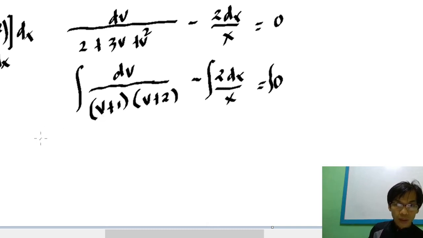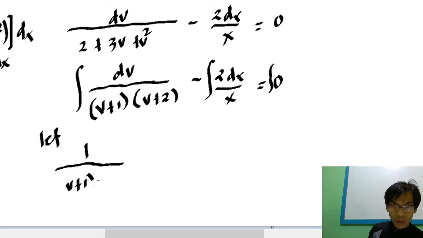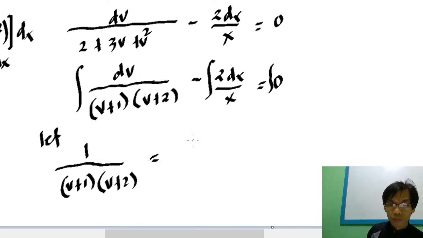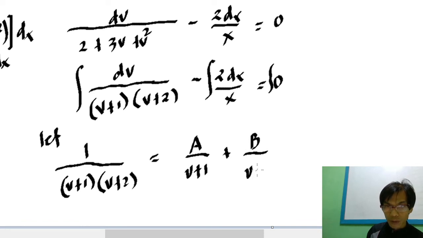So if we let 1 over (v plus 1)(v plus 2) is equal to a over (v plus 1) plus b over (v plus 2).